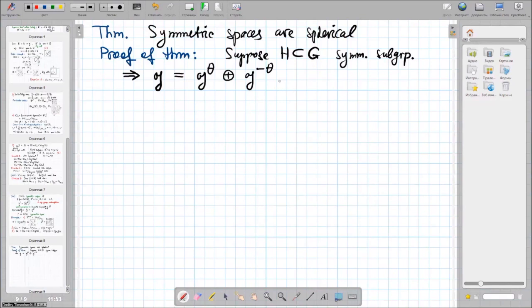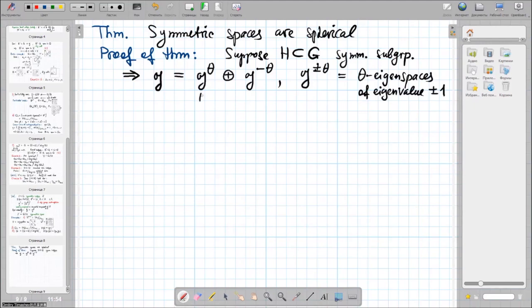So let me write explicitly that g plus or minus theta are theta eigenspaces of eigenvalue plus or -1 respectively.